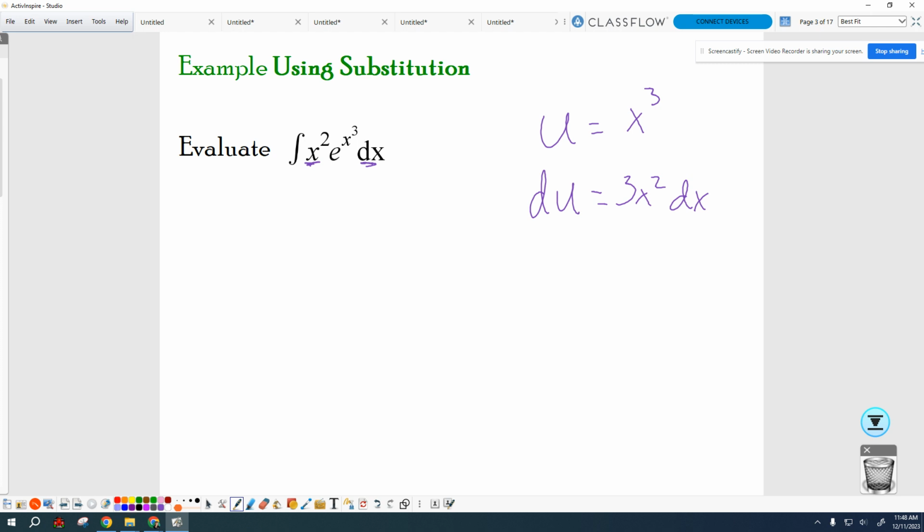I want to get rid of all the x's and put in u values. What does that become? E to the u. So now, what's left? I have an x squared and a dx. Solve for x squared dx over here. du over 3.